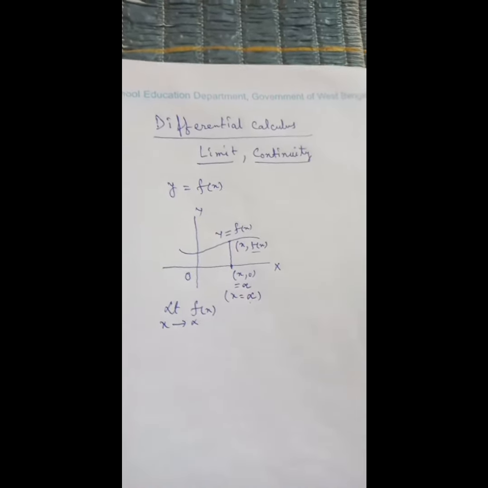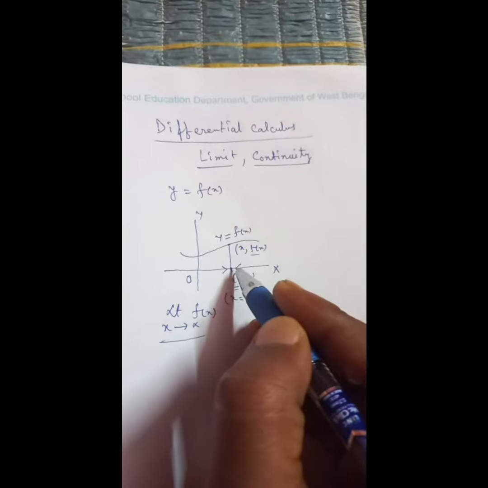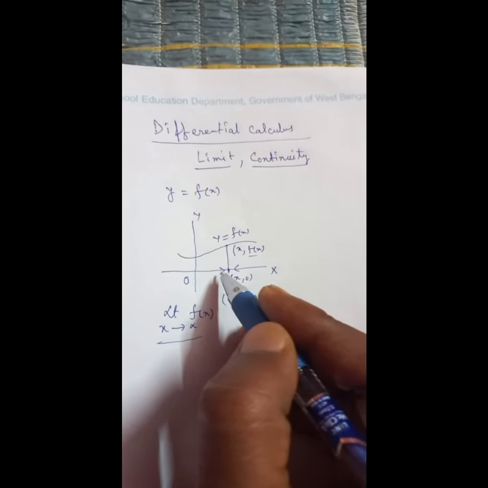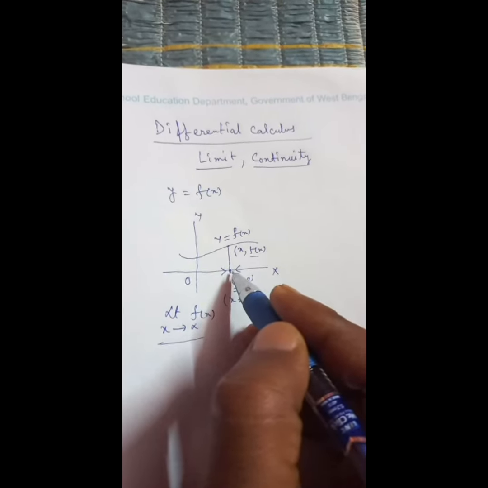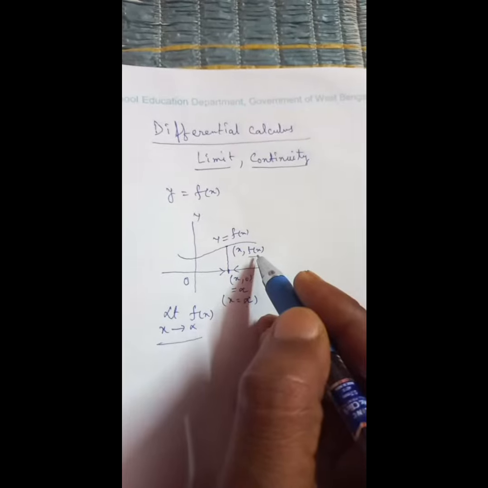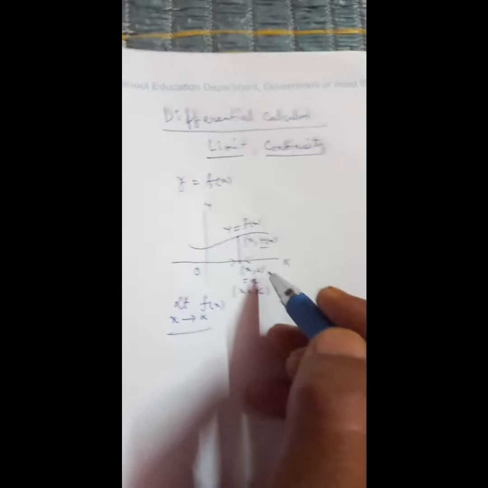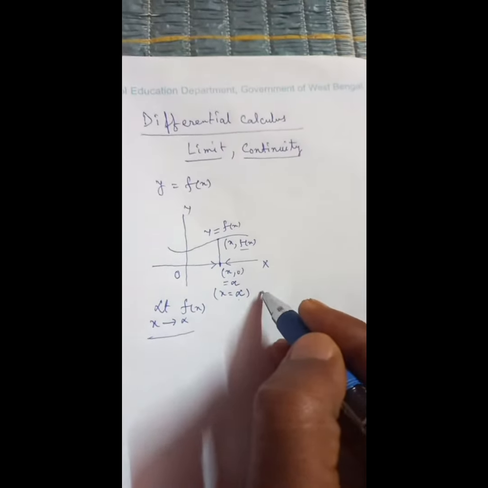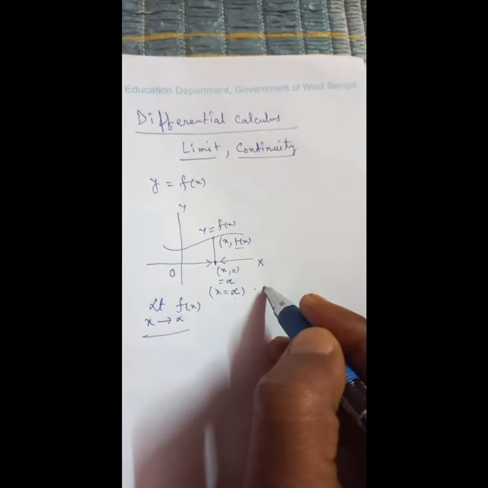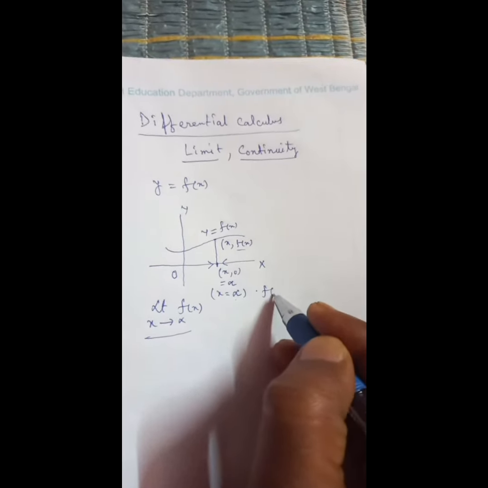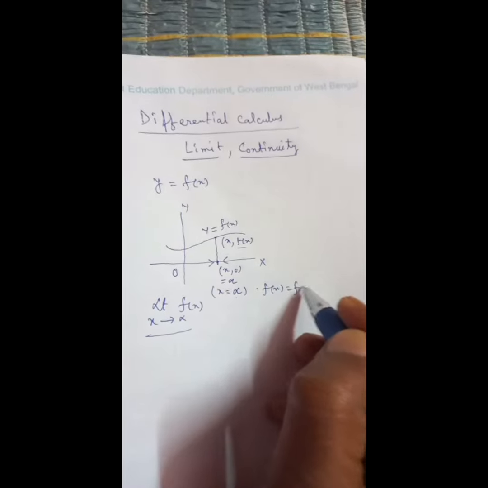So we can take this from the right hand side, and from the left hand side. If we take from the right hand side, or take left hand side, then will the limiting value touch f(x) at f(alpha) or not. For x is equal to alpha, we know that this value will be f(alpha).